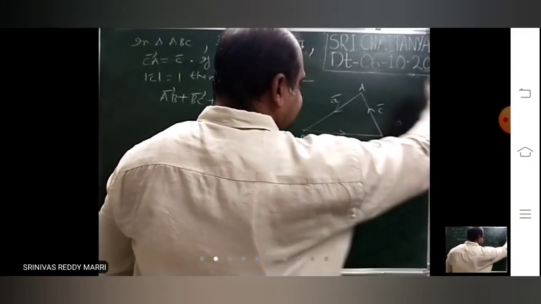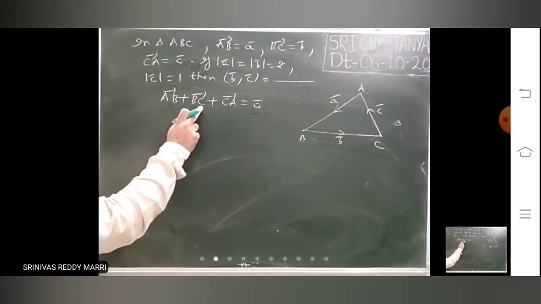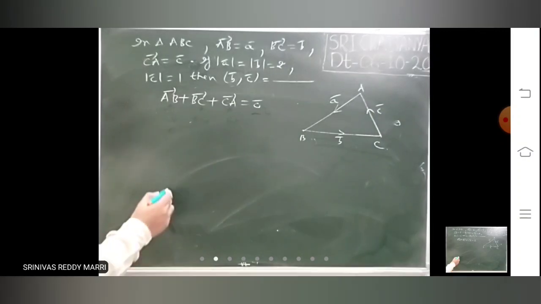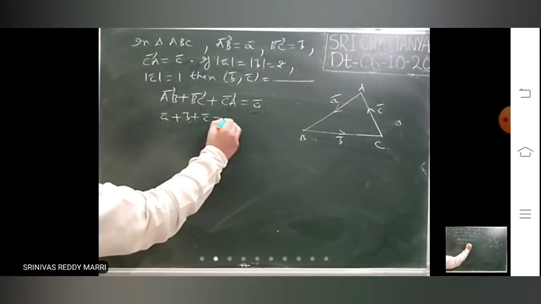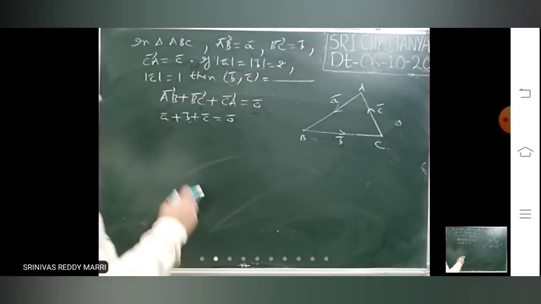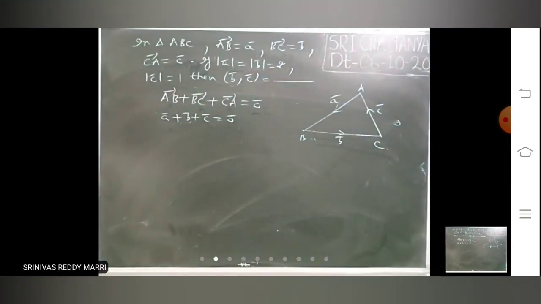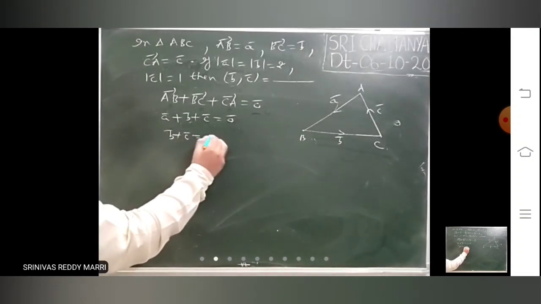So all are taken in the same order. All are taken in the same order means what? AB bar plus BC bar plus CA bar will always be 0 vector. That means sometimes in a triangle the relation will not be given. If all the vectors are in the same order, A bar plus B bar plus C bar equal to 0 bar in a triangle. Now you want the angle between B bar and C bar.